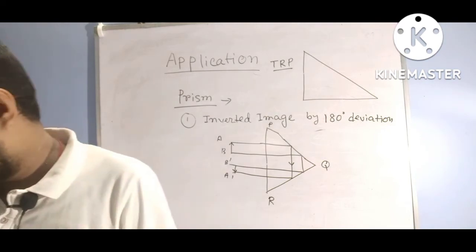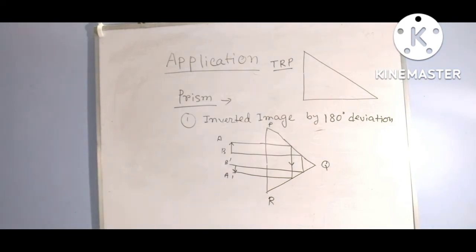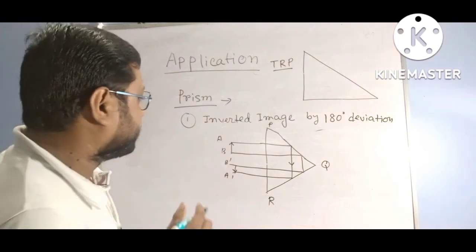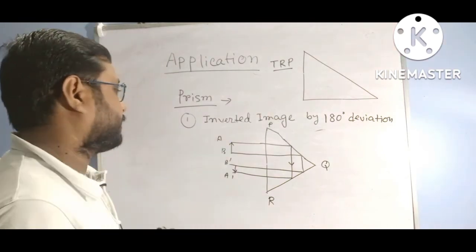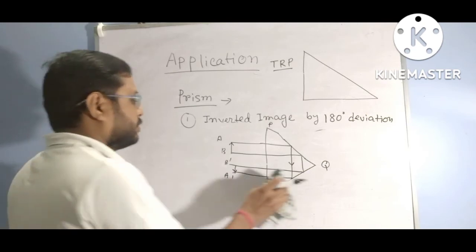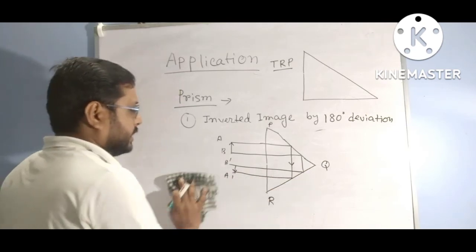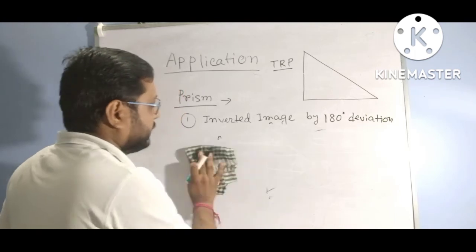So the angle of deviation is 180-degree in this case. This type of prism is also used. So this is also the use of total internal reflection.